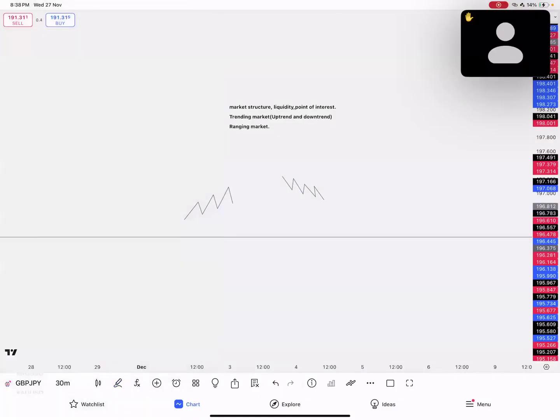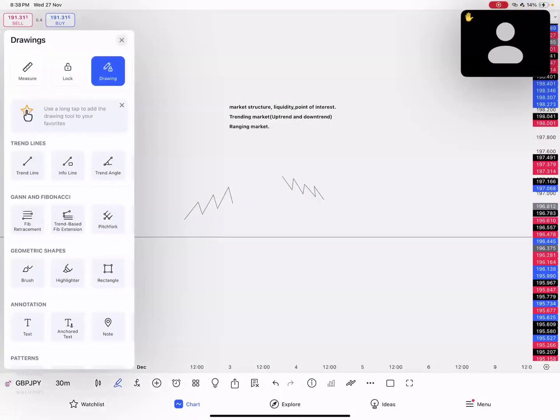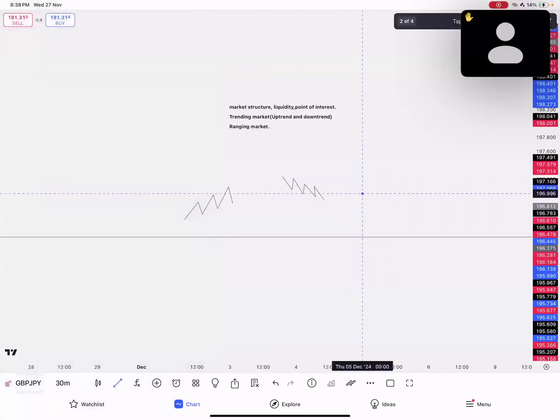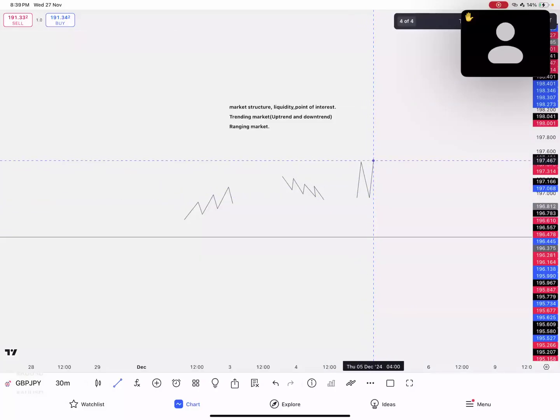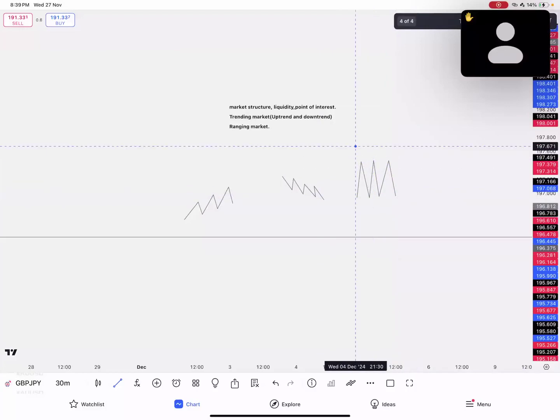A ranging market is when the market is consolidating between support and resistance. It's not trending anywhere, just moving from resistance to support, support to resistance. So these are the three market movements: the uptrend, the downtrend, then the ranging market.